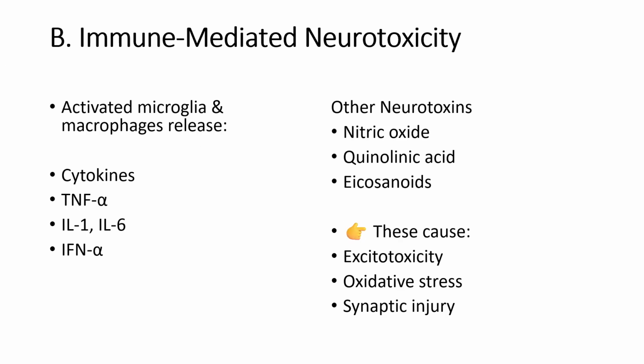The second indirect mechanism is immune-mediated neurotoxicity, where activated microglia and macrophages release the cytokines TNF-alpha, interleukin 1, interleukin 6, and interferon alpha. Other neurotoxins released are nitric oxide, quinolinic acid, and eicosanoids. These lead to excitotoxicity, oxidative stress, and synaptic injury.